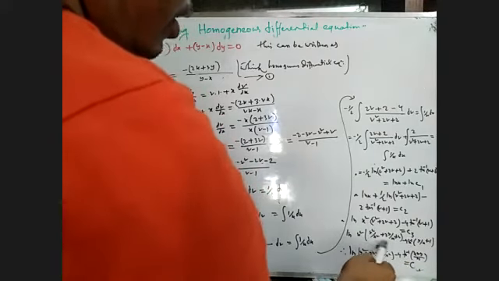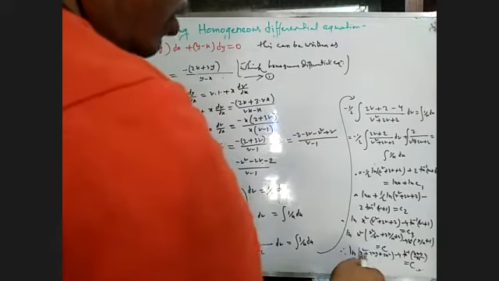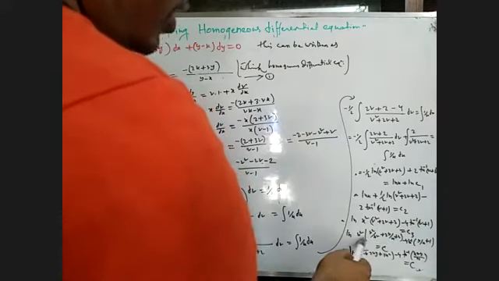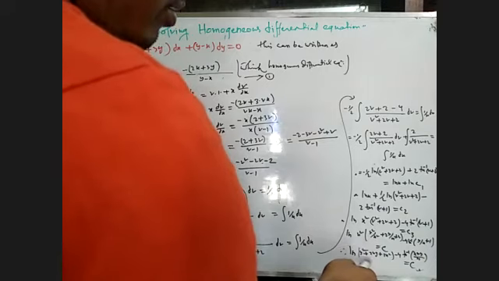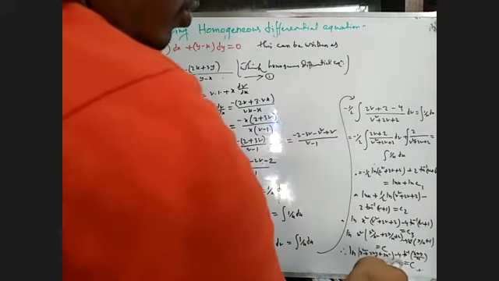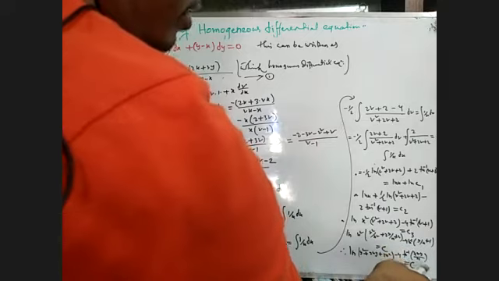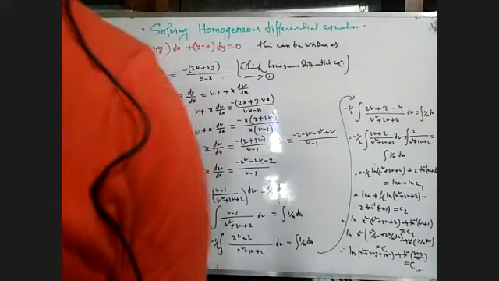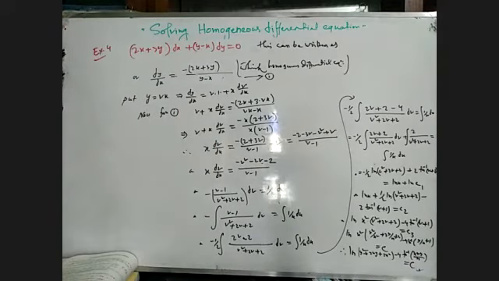Taking LCM x square, we get y square plus 2xy plus 2x square, but x square will be cancelled. Minus 4 tan inverse ((x plus y) by x) equals c. This is the required solution of the differential equation.